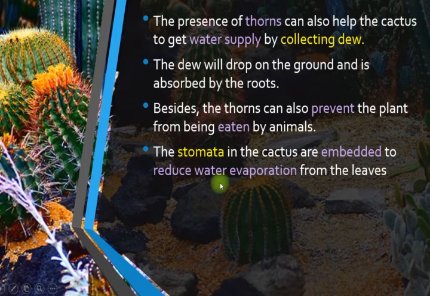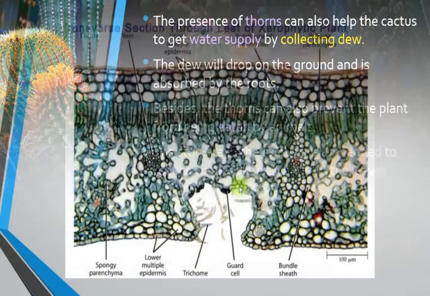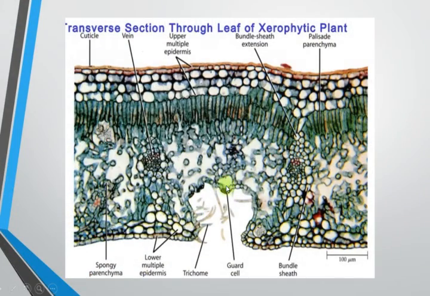To reduce water evaporation from the leaf by transpiration. Alright, so this is an example of the stomata of the cactus. You can see here the stomata is sunken or embedded into the stem of the cactus.